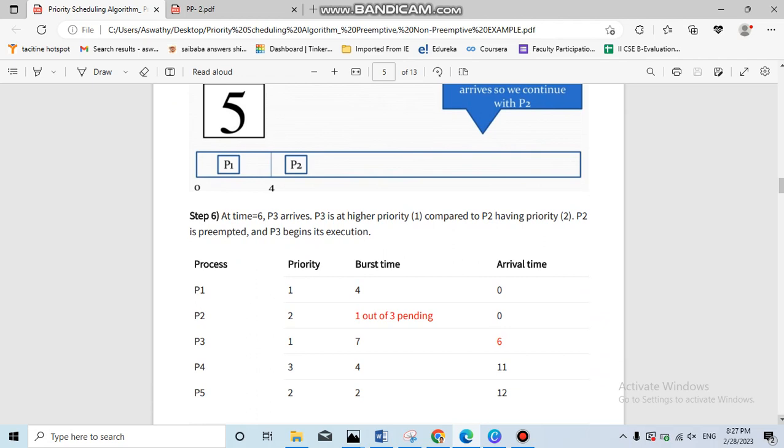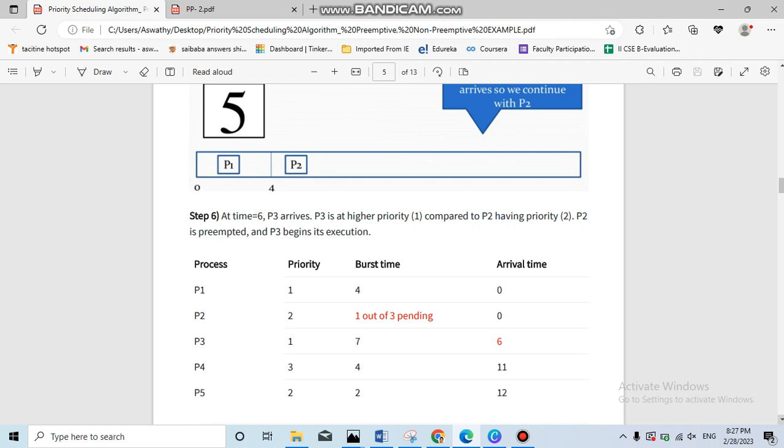Note it down: the priority of P2 is 2 and the priority of P3 is 1. P2 starts its execution at time 4, and P3 comes at time 6. The burst time of P2 is 3, but it executes only 2 units, so the remaining 1 burst time is left with P2.